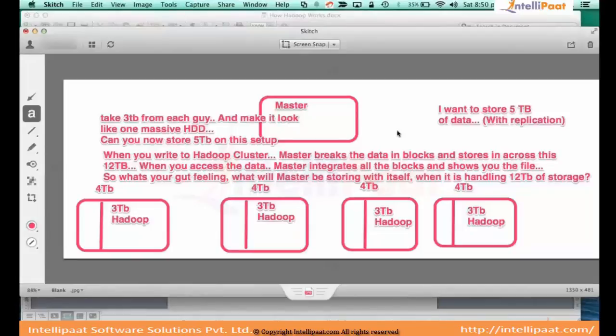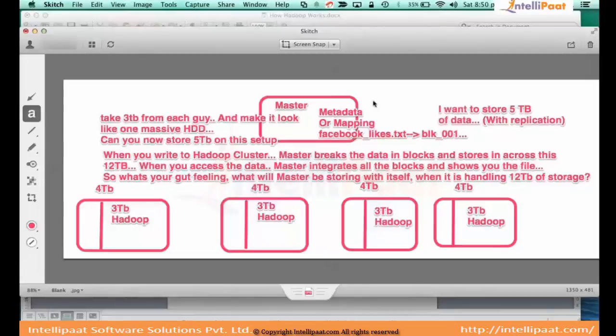Brilliant. So that's called metadata. So this guy stores something called metadata or mapping. Basically, facebooklikes.txt is blk 001, 002, all over the place, correct?